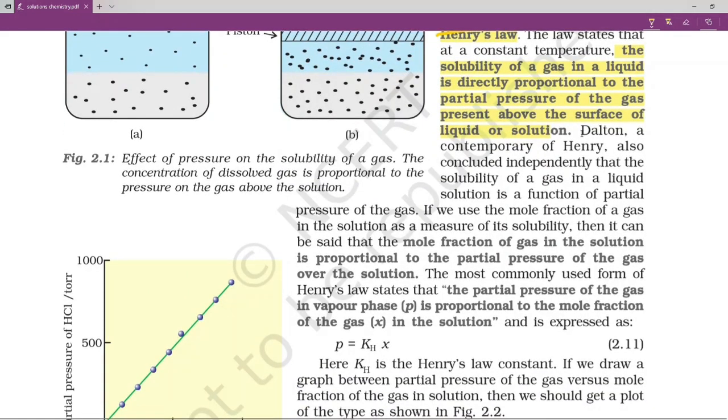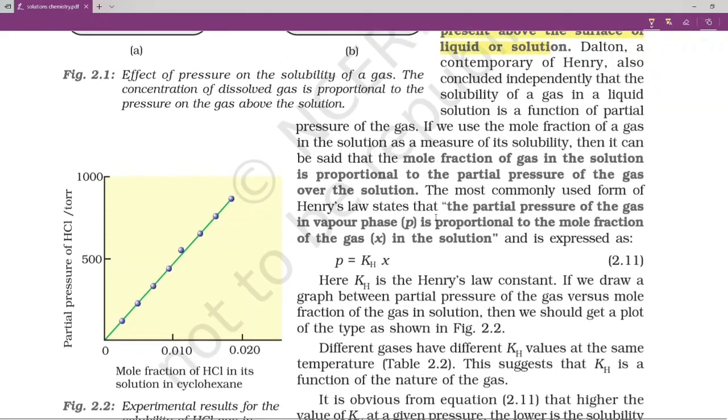Dalton also concluded the same result, and both got the result independently. So if we use the mole fraction of a gas in the solution, it shows its solubility. In other words, the mole fraction of a given gas in a liquid shows its solubility.